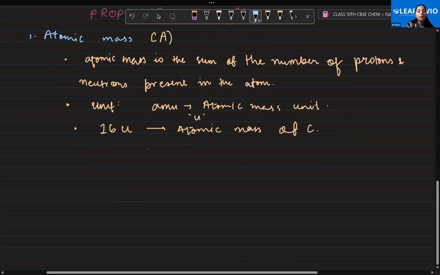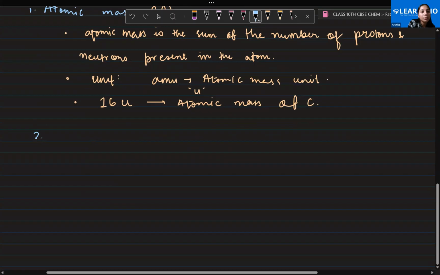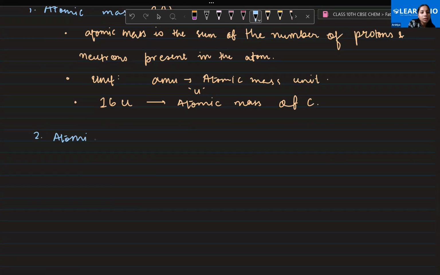The second point of this characteristic is atomic number only. Atomic number, and size of the carbon.